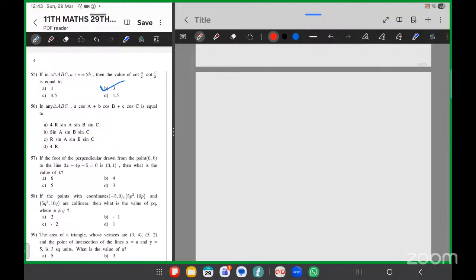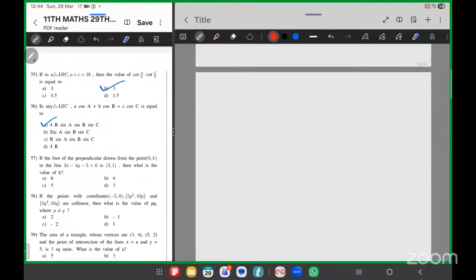That is actually a shortcut. In the properties of triangles, a cos A plus b cos B plus c cos C equals 4R sin A sin B sin C. Option A is the correct one.